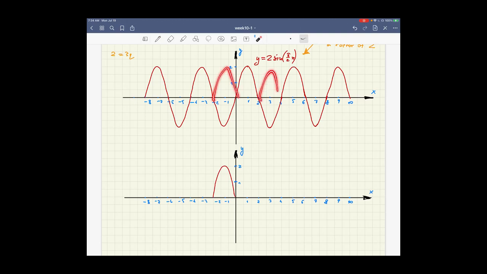We reflect about the x-axis. Maxima become minima and vice versa.